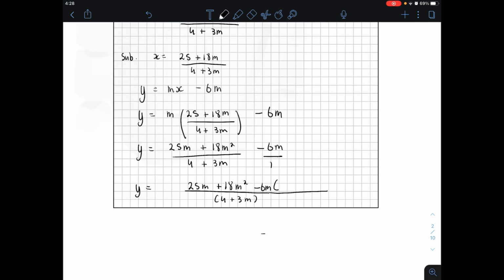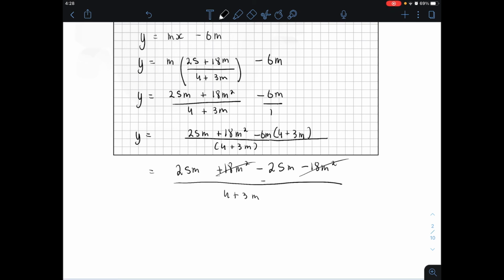Then again, to find our new numerator, we divide our old denominator into our new denominator and multiply by the top. So 1 goes into 4 plus 3m, 4 plus 3m times. So let's multiply our top by 4 plus 3m. This gives us 25m plus 18m squared minus 24m minus 18m squared, all over 4 plus 3m.